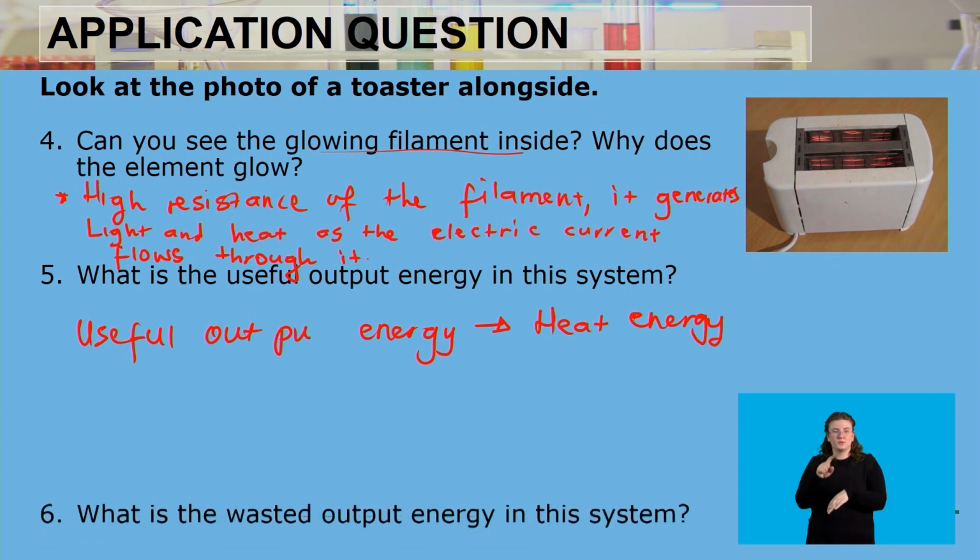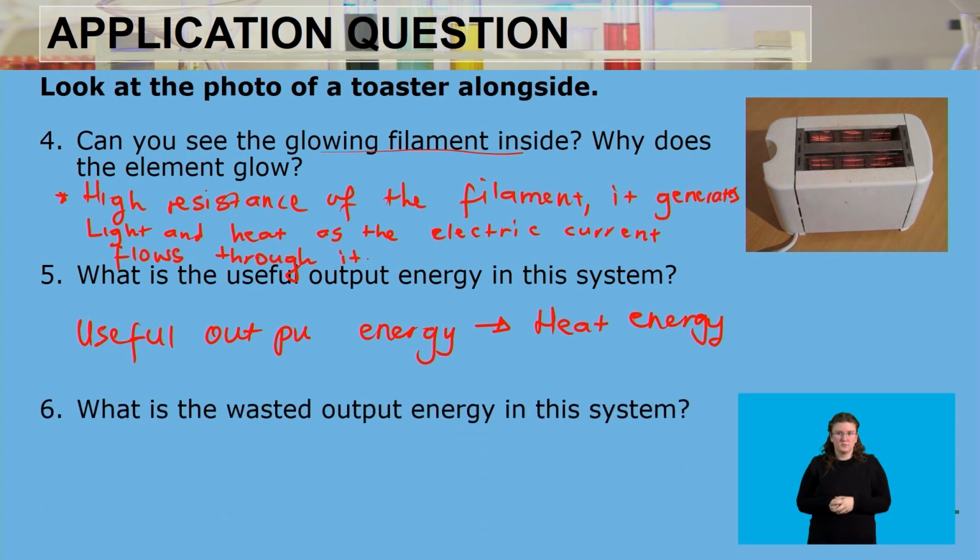Now moving on to the next question. What is then the wasted output energy in this system? As you've said, you are looking for the heat, you don't want the light. The light is just there because it has been generated by the resistance between the conductor and the flow of current. So what is the wasted output here?